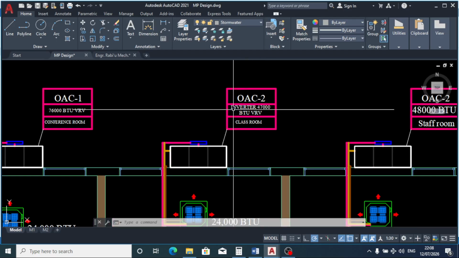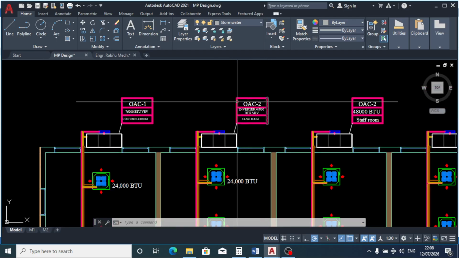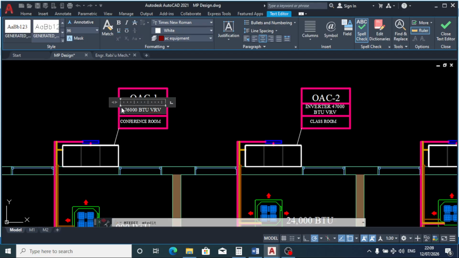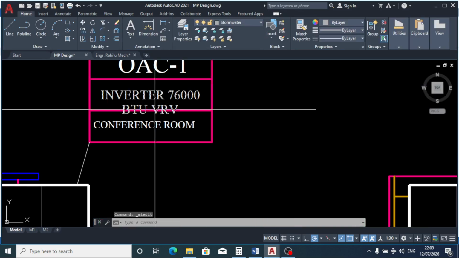That is the special work of the inverter outdoor unit, in contrast to a normal outdoor unit, which is not an inverter. So for this as well, because we are going to have a deficit of about 3,000, let's propose an inverter outdoor unit for this space as well, to take care of the energy wastage.